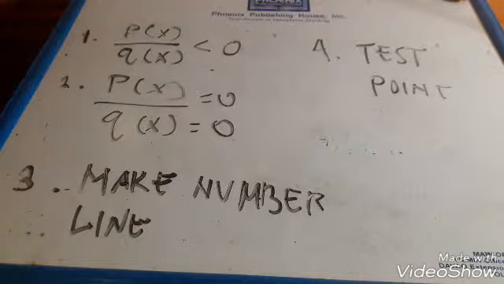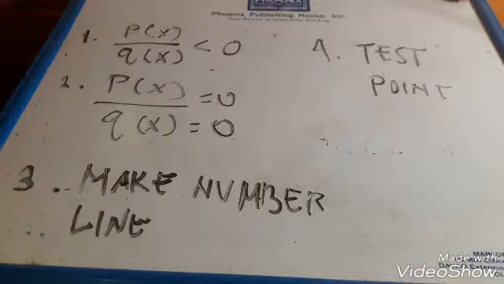In solving a rational inequality, there are four steps. First, write the inequality with a single rational expression on the left-hand side of the inequality and 0 on the right-hand side. Second, determine the zeros by setting the numerator equal to 0 and setting the denominator equal to 0.